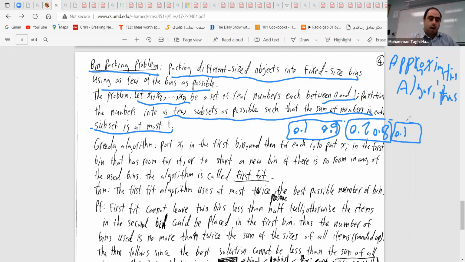Now, what is a greedy algorithm? A natural algorithm is this one. Generally, when you want to do a greedy algorithm, if you sort them, that may work better. So here you put x1 in the first bin, and then for each i, put xi in the first bin that has room for it.